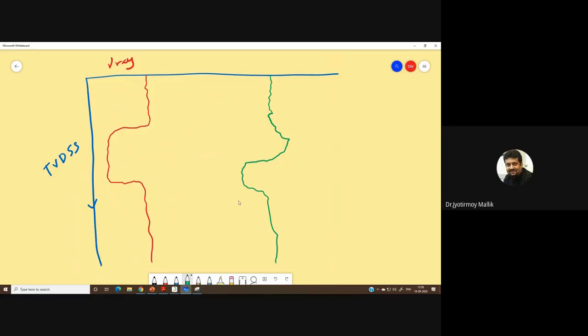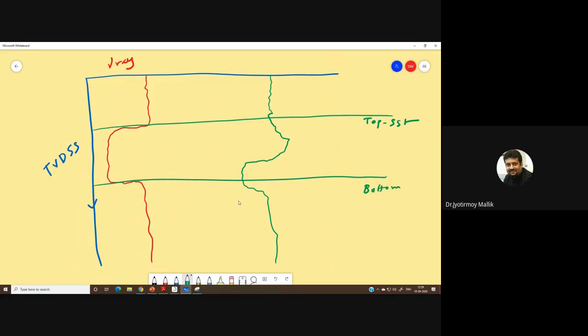So first thing that we will do is distinguish the sandstone section. So this is my sandstone section. This is the top of the sandstone, and this is the bottom of the sandstone, and that I have distinguished from my gamma ray curve.